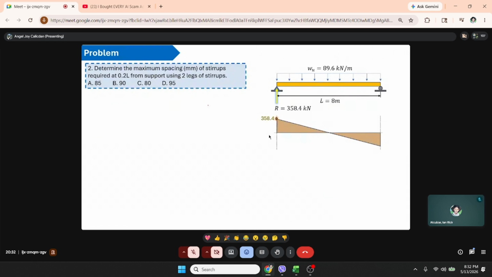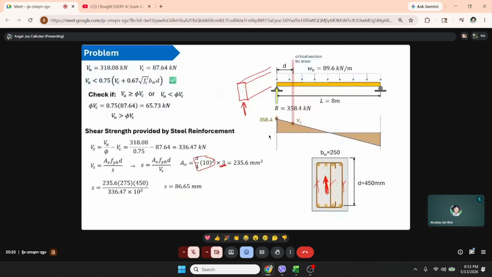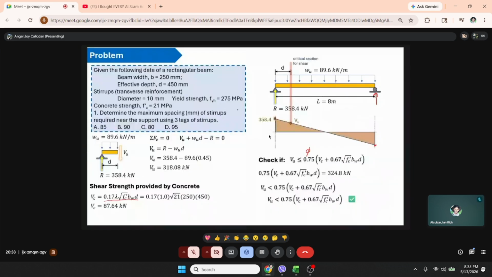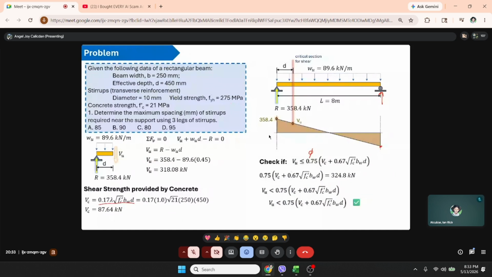Next, determine the maximum spacing of stirrups required at 0.2 L from the support using 2 legs of stirrups. In problem 1, it indicated the maximum spacing required near the support.